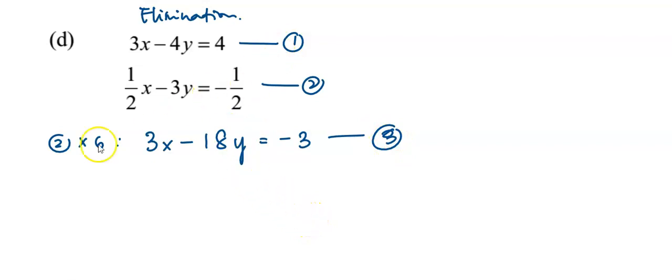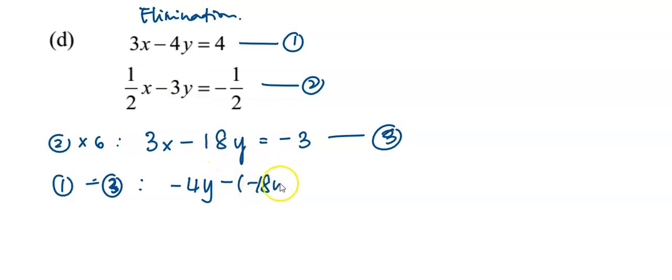After that, taking equation 1 minus equation 3, because I want to eliminate the x term first. Taking 3x minus 3x, you get 0. And then negative 4y minus negative 18y, that will be negative 4y plus 18y.